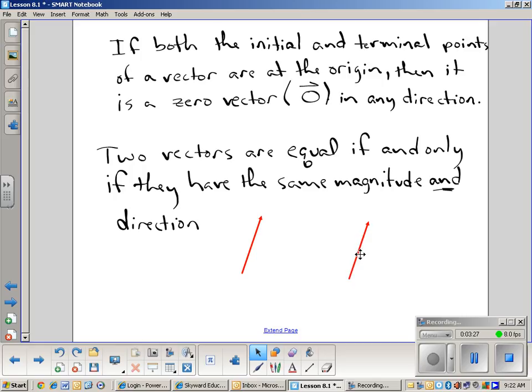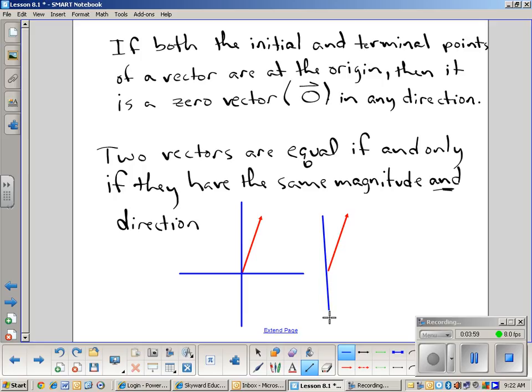They have exactly the same length. They're going exactly the same direction. If I placed them on top of each other, they would be identical. Okay? So those are equal vectors. If I put together a coordinate plane on here, and I did the same thing over here, and this is something you'll have to do from time to time.